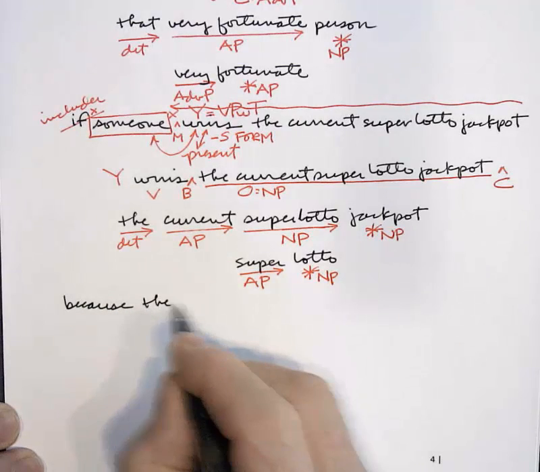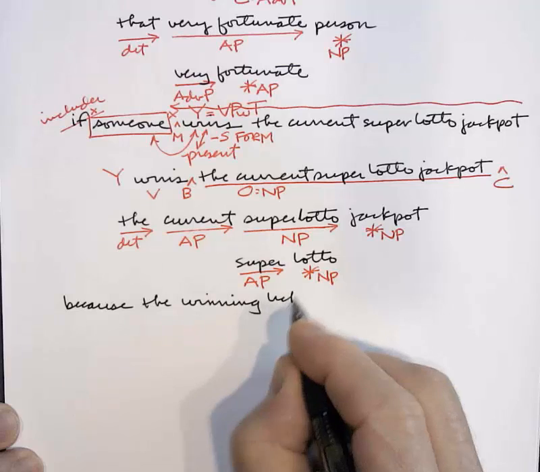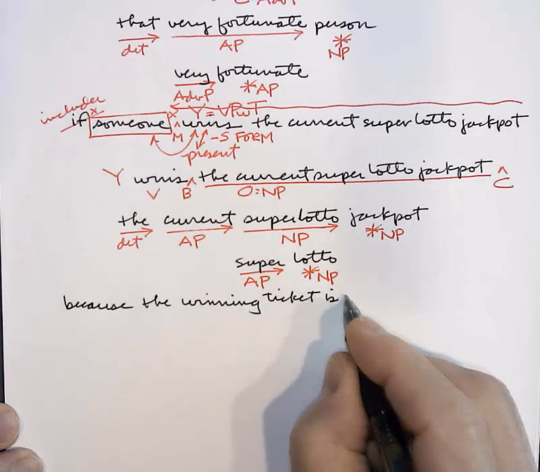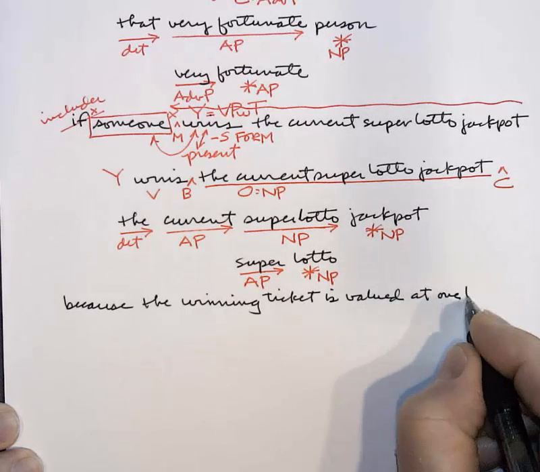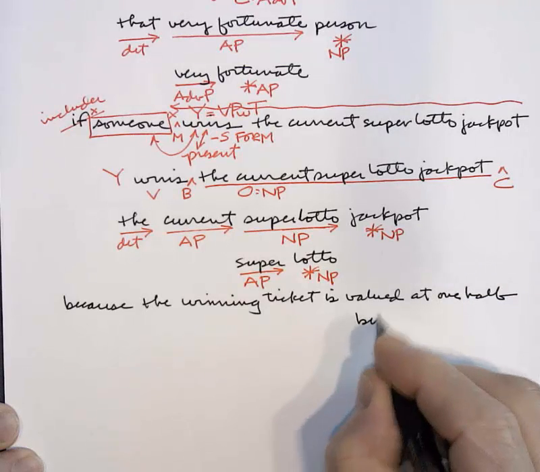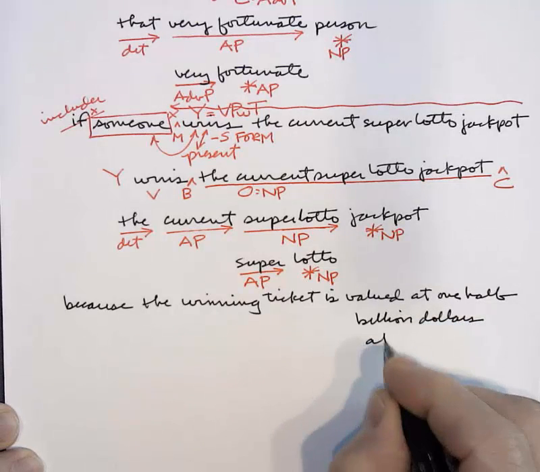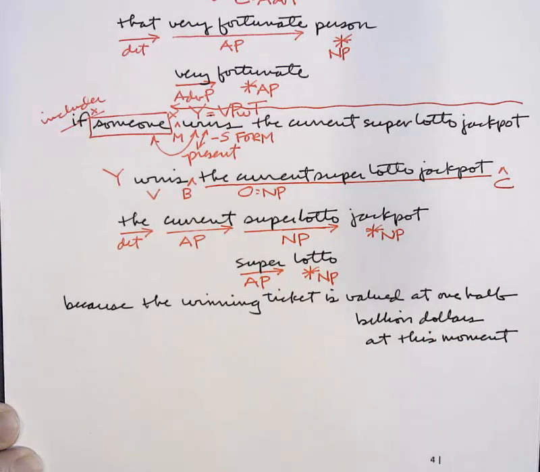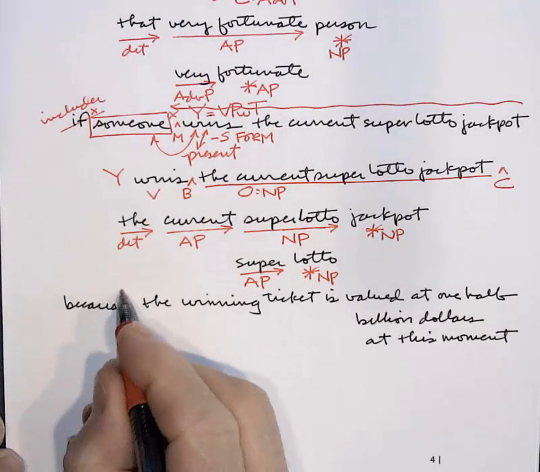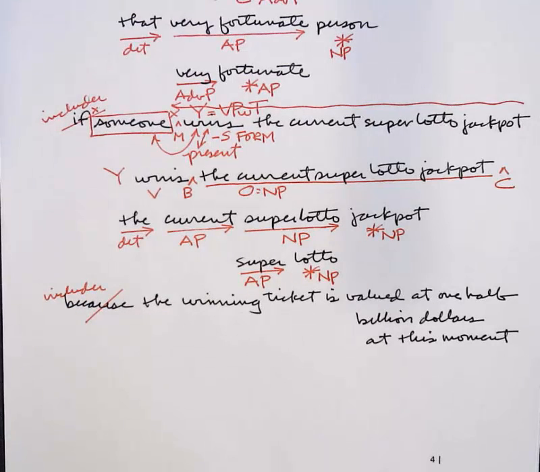Because the winning ticket is valued at half a billion at this moment. So let's take out our includer, and now we'll be able to check this and analyze it just like a regular sentence.